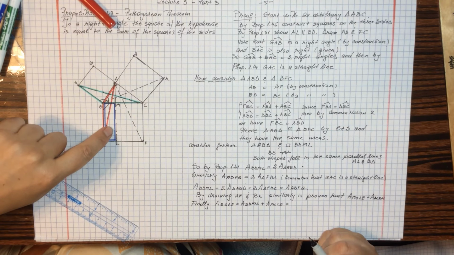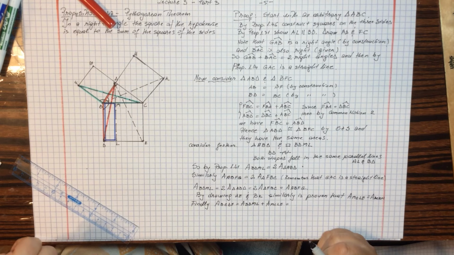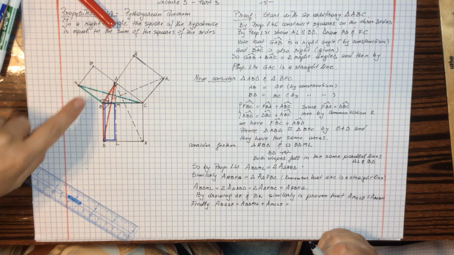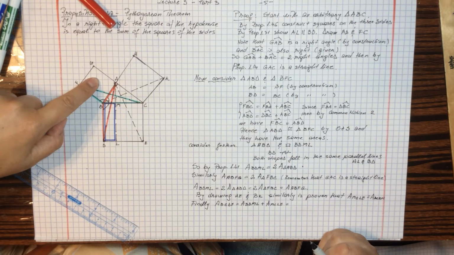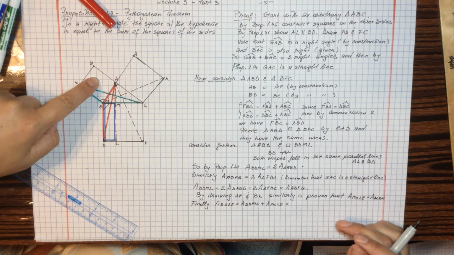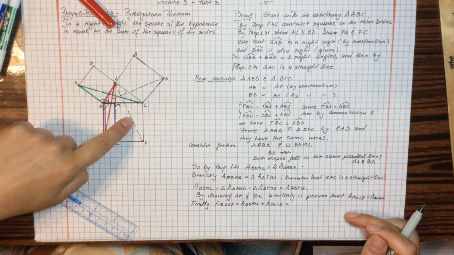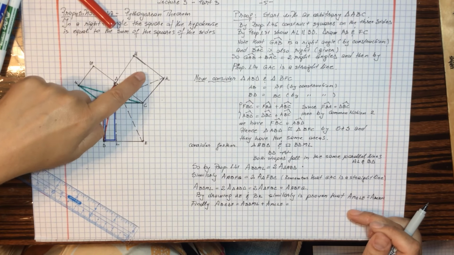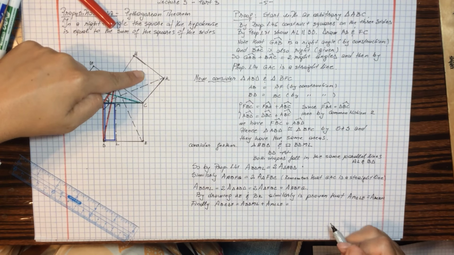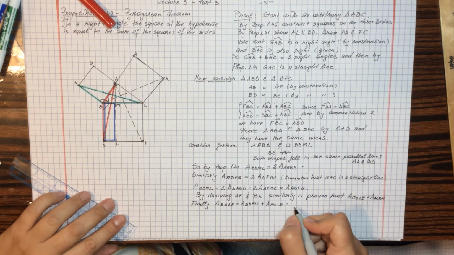that the blue rectangle is the same as the area of this square here. And by the similar argument we showed in the previous step that this rectangle here is equal to the area of this other square right here, and then we're done.